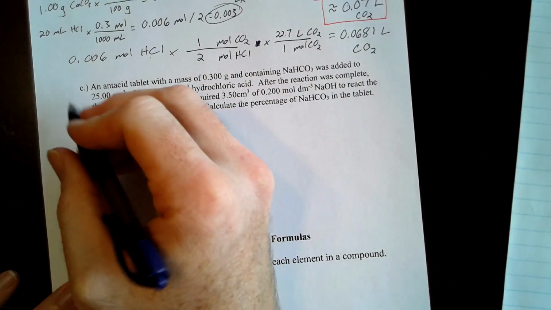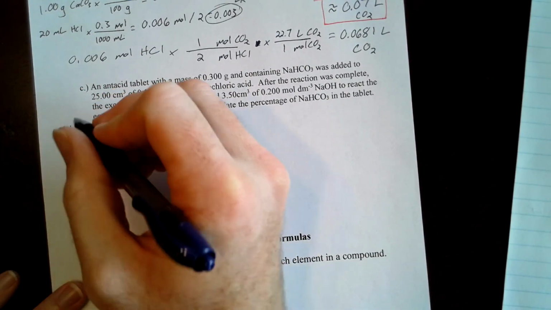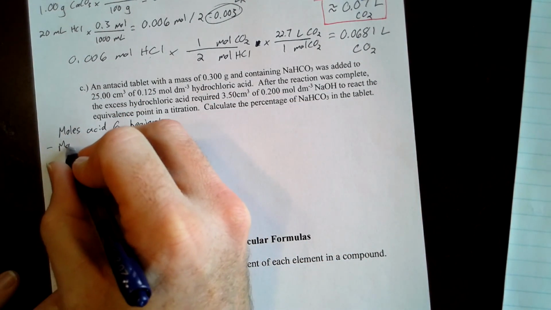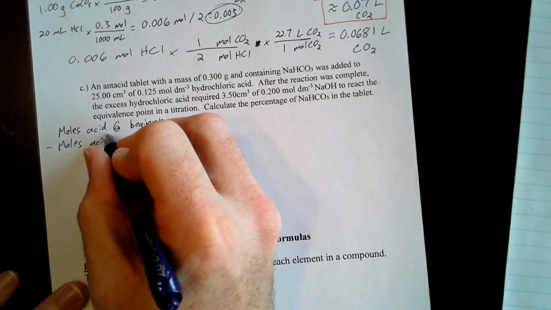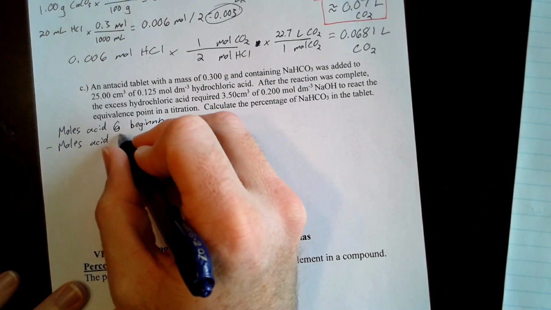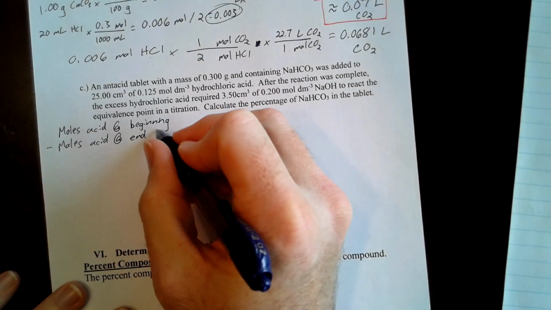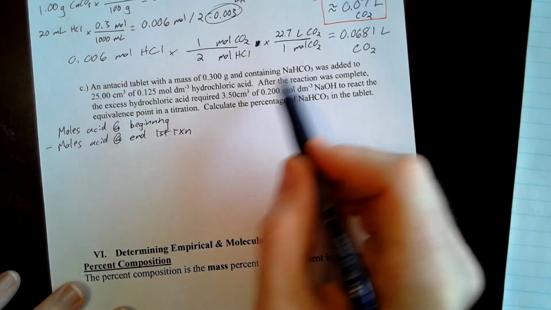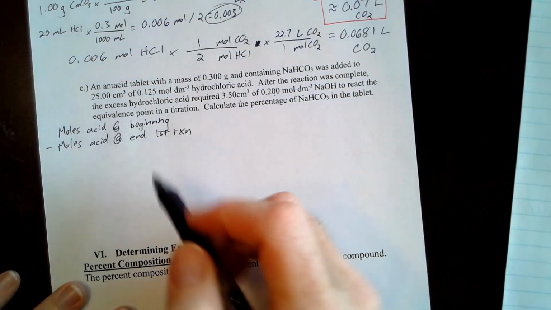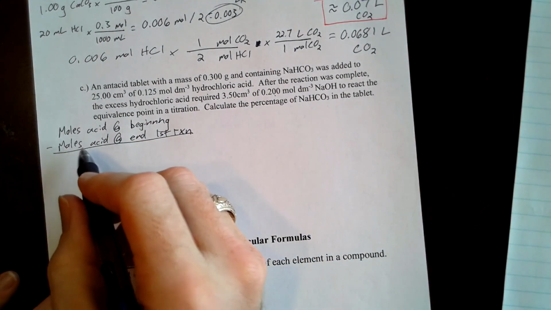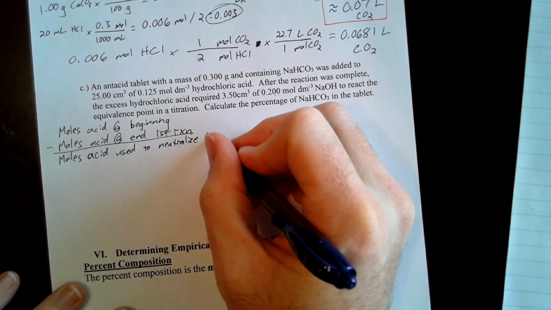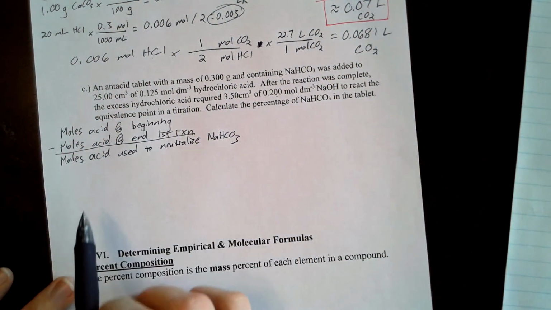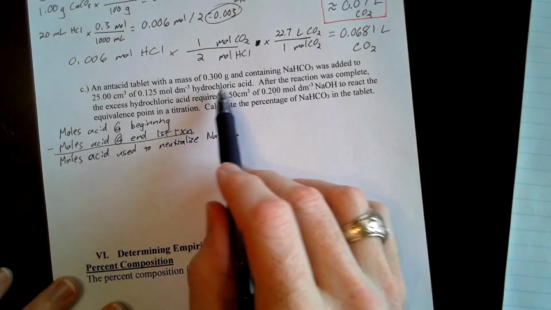The way we'll do that is we'll find the moles of acid at the beginning, and then subtract the moles of acid at the end of the first reaction, because there's really 2 reactions going on. There's a reaction with this tablet, and then there's the reaction with the titration. And then that will give us the moles of NaHCO3, right?